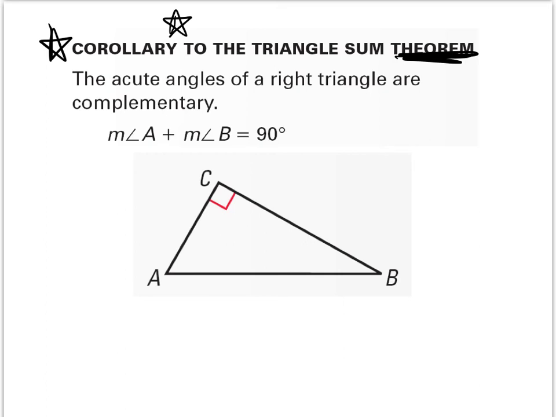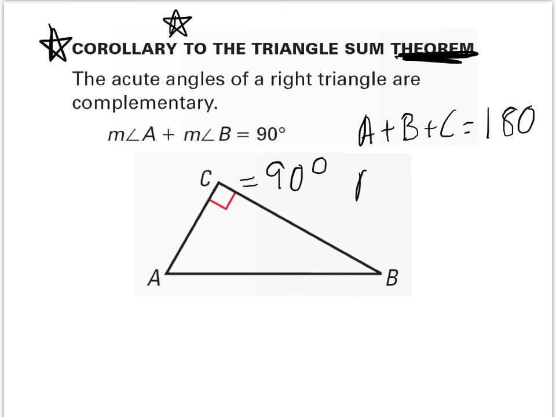Now let's think about why that makes sense. This square right here tells us that this angle needs to be 90 degrees. Now what do we say the three angles of a triangle need to add up to be? If I have angle A plus angle B plus angle C, we know this needs to be 180. So in our diagram here, we don't know A yet, we don't know B, but we know C needs to be 90.